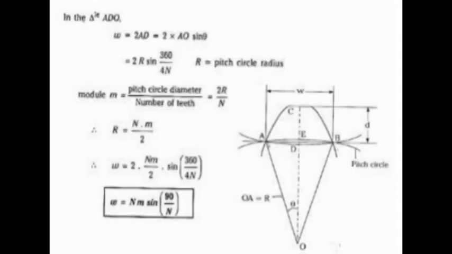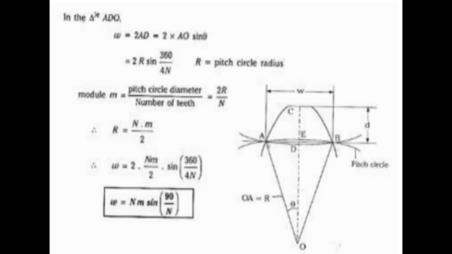Now from this geometry, from the triangle ADO we have W equal to 2AD, that is AD plus DV. This is ADV, 2AD, which is equal to 2 into AO sin theta.